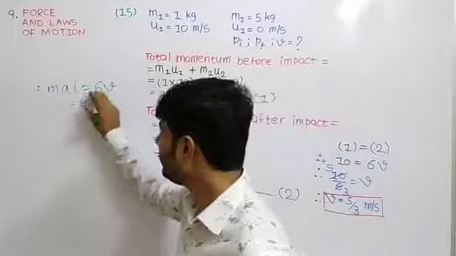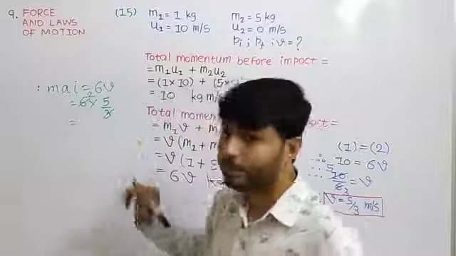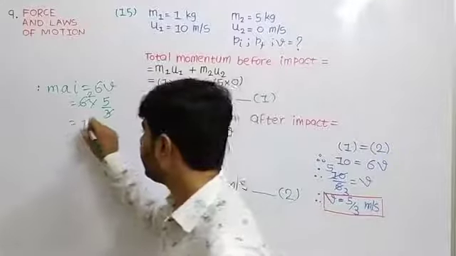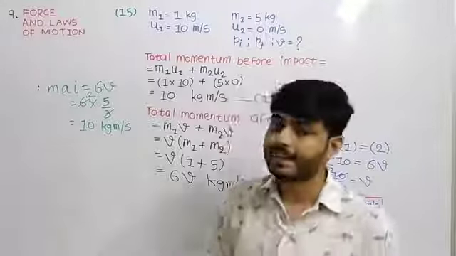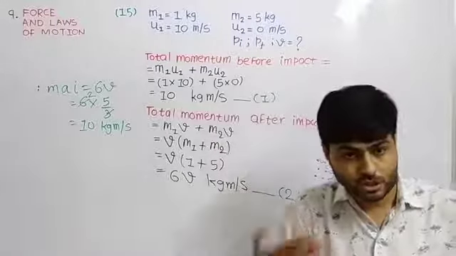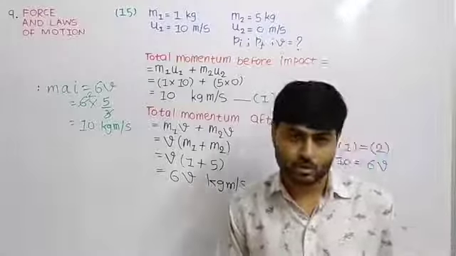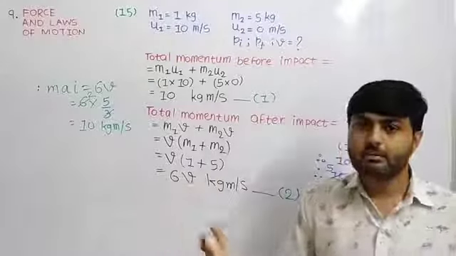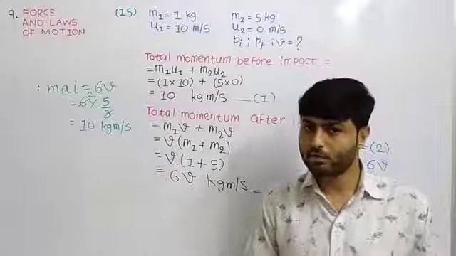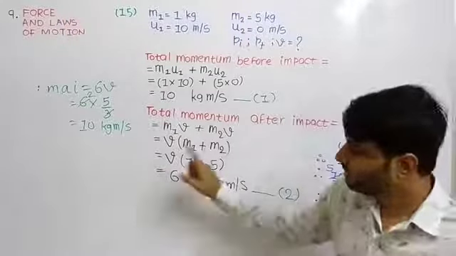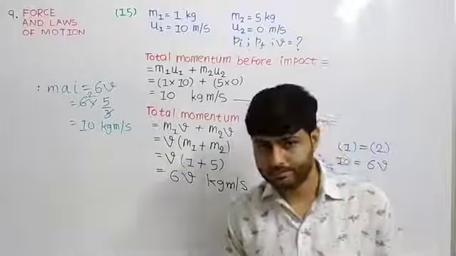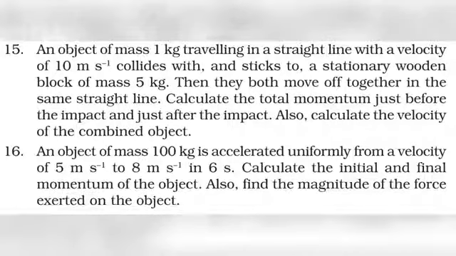Here we will cut by 2, so we have 5 twos are 10. So that is 10 kg meter per second as momentum just after impact. I hope you got this point. We have used the law of conservation of momentum, and after combining together they will have the same velocity after impact. Let's move on to question number 16.